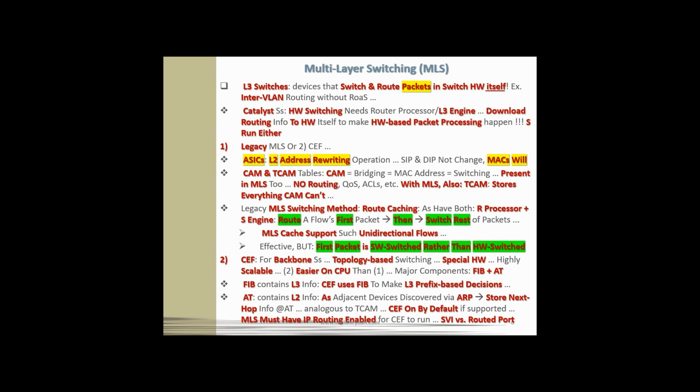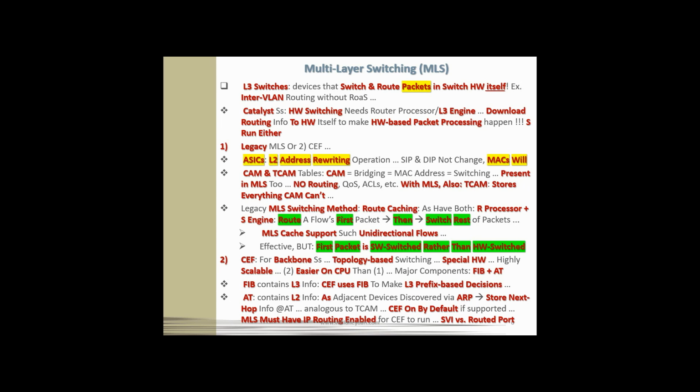Enabling Cisco Express Forwarding is very easy. This is because CEF is on by default on all CEF enabled switches. So remember that you cannot turn it off. We don't have a no CEF command at the CLI. CEF is on by default because CEF is a hardware based rather than software based switching method.